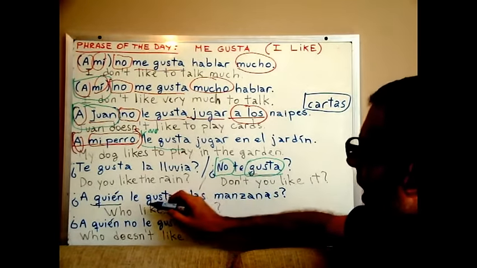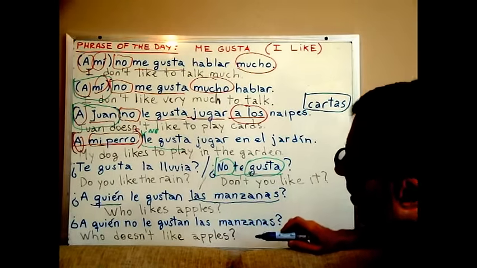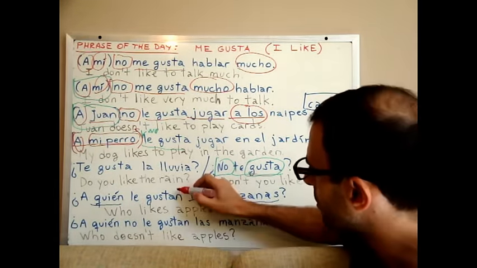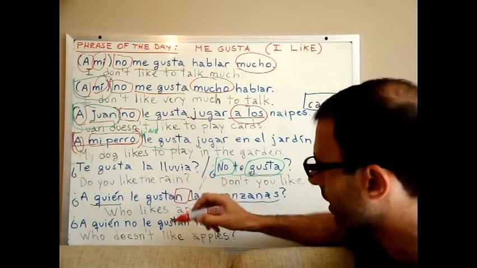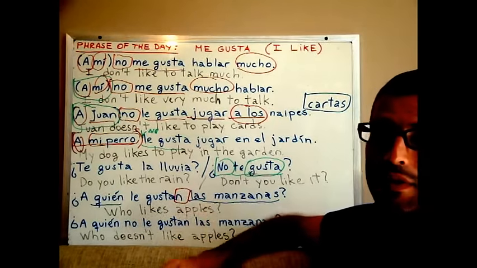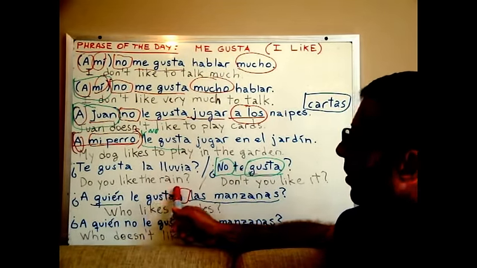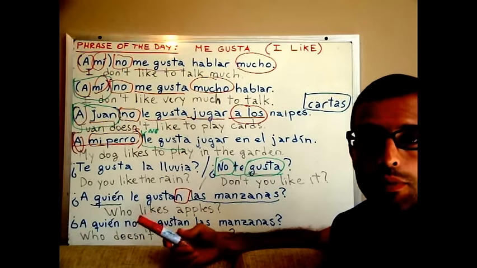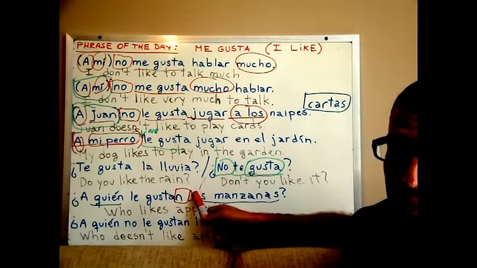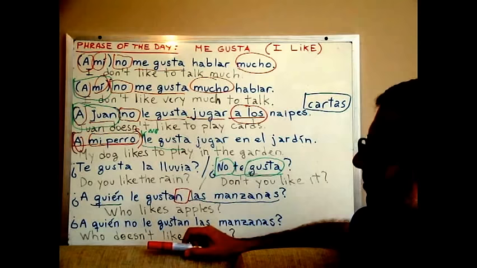Since the verb to like is referring to a plural object, then the verb becomes plural, right? As we mentioned in the previous class. So it adds an N. And this is common with all the verbs in Spanish. All the verbs, when they refer to a plural noun or a plural object, become plural themselves and they add an N. Okay?